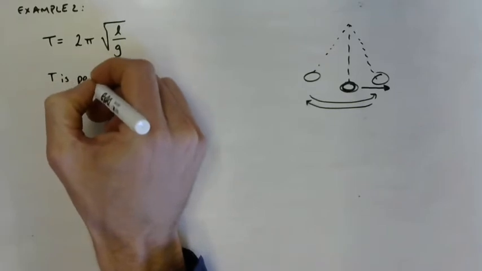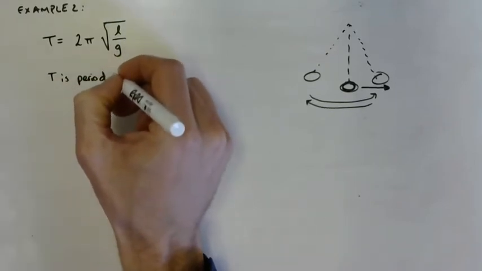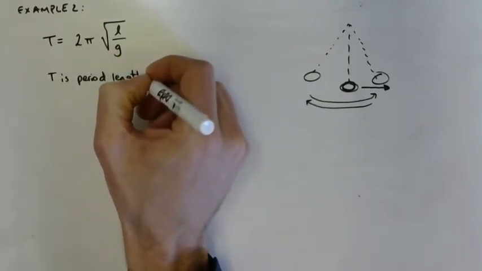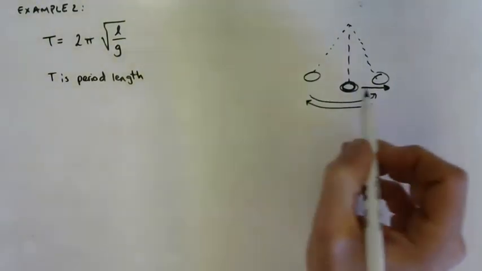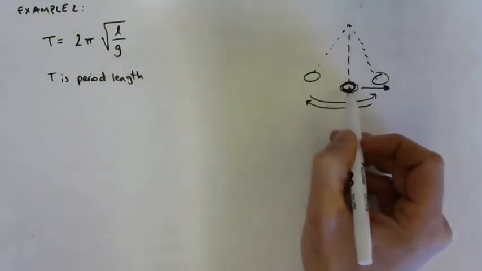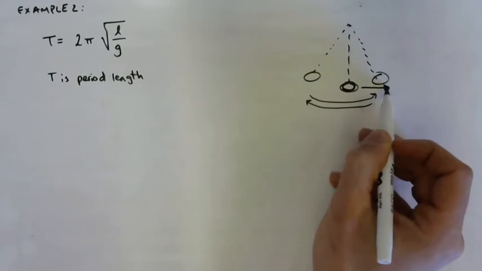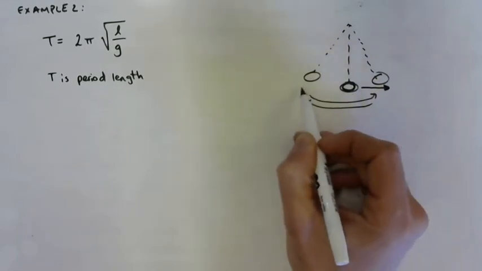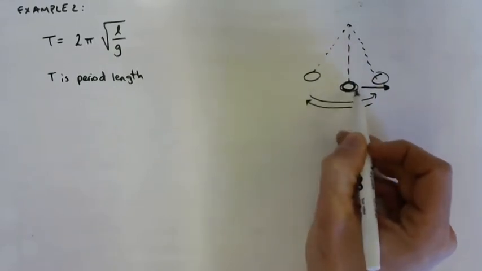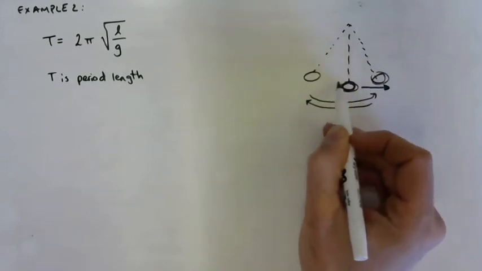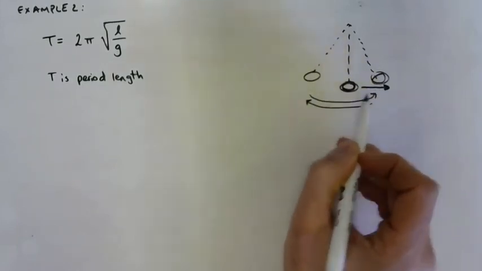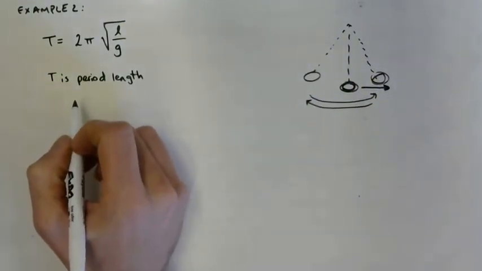T is period length. So how long it takes, the time it takes for it to get from its rest all the way over to the right, all the way over to the left, and then back to its rest. Or from its right, all the way across, and all the way back, depending on where you start from.